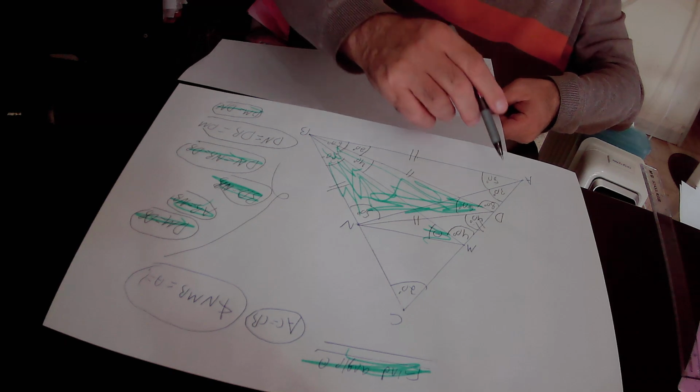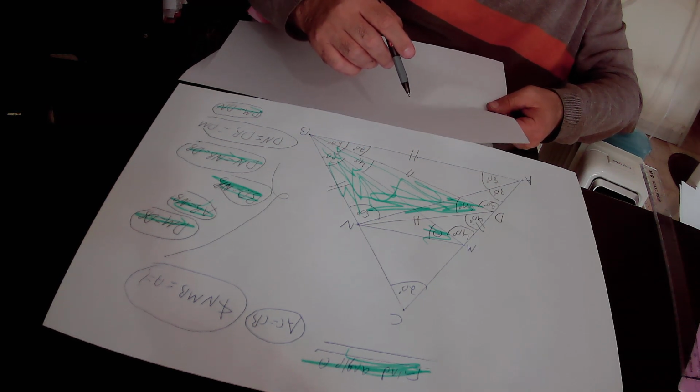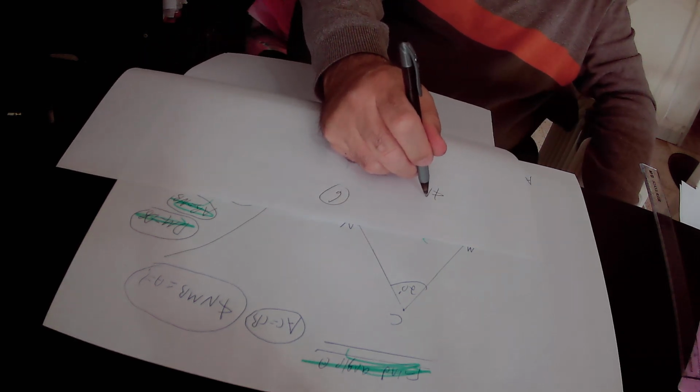So the big angle DMN, we just found out, equals 70 degrees.